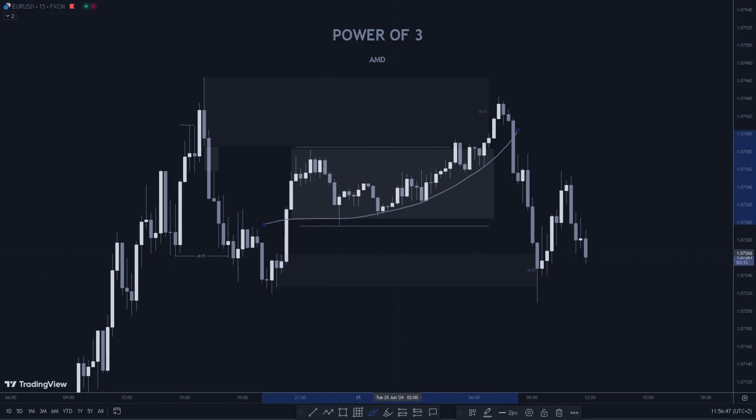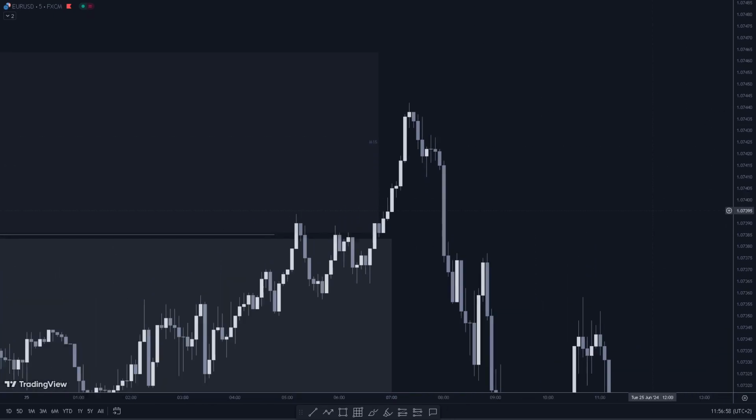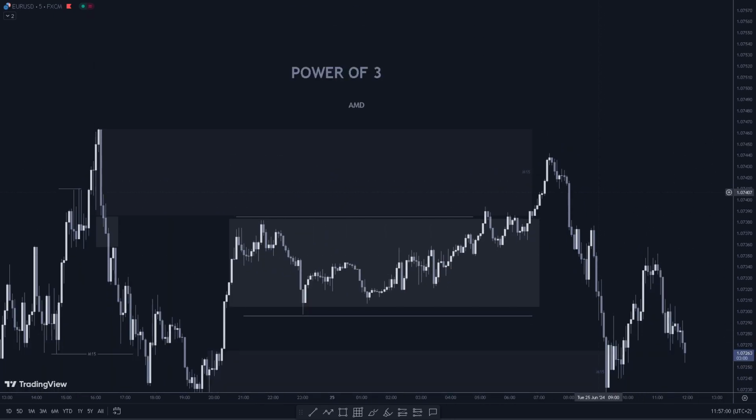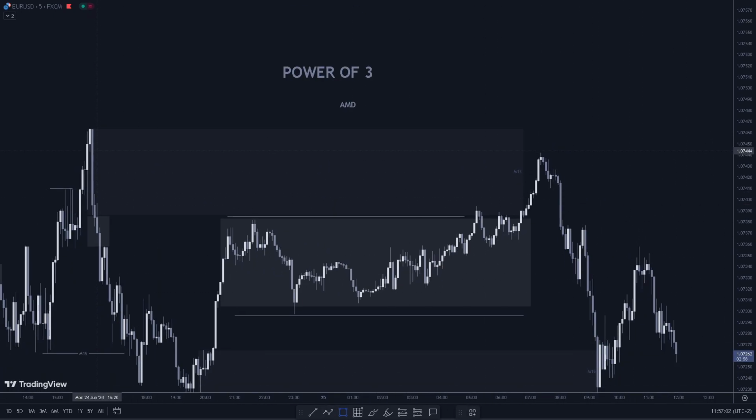If we joined on this manipulation, we know what this manipulation is going to do, we can go on a smaller time frame to find some entries. Let me just check. We can also look on the 5 minute, redefine the fair value gap, and we could enter on the half of that fair value gap.